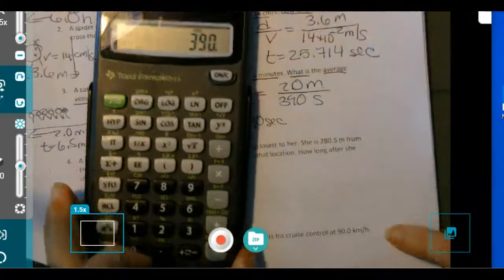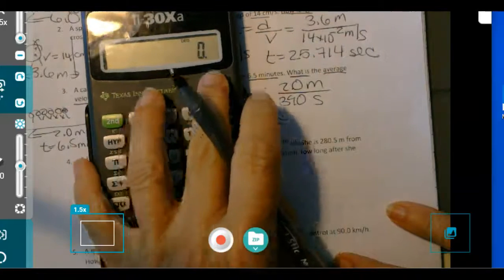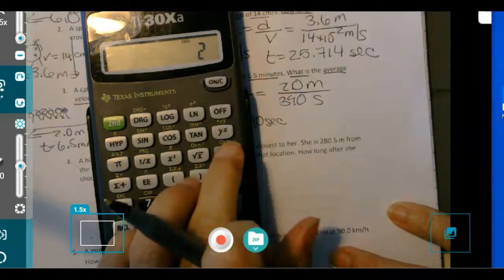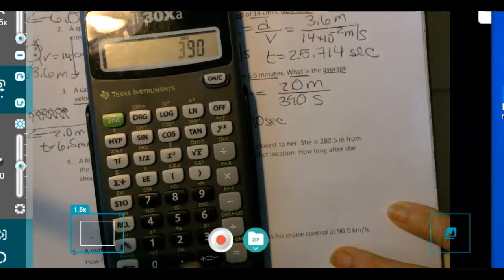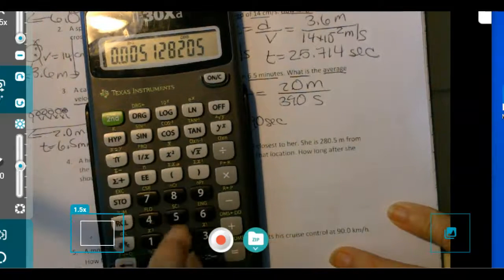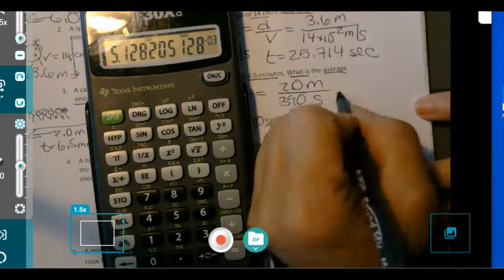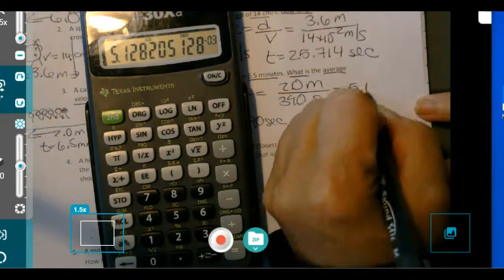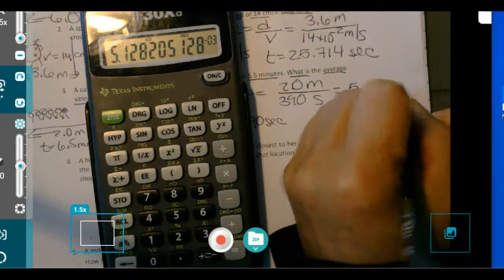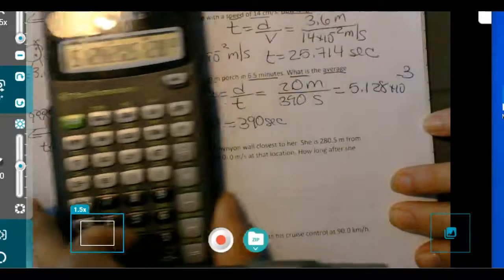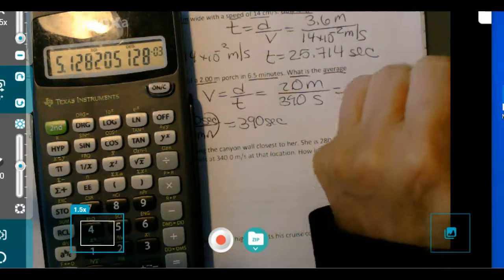So I bring this back. And I take 2 and I divide by 390. And I'm going to put that in scientific notation. So my answer is 5.128 times 10 to the minus 3 meters per second.